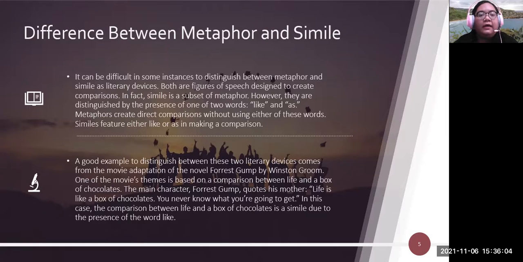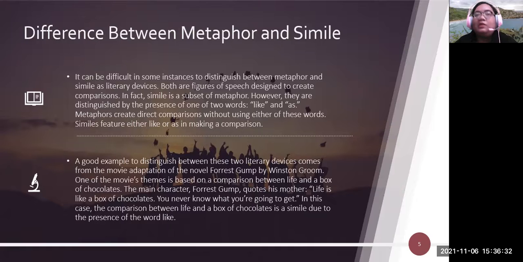A good example, to distinguish between the two, we can take from the movie adaptation of the novel Forrest Gump by Winston Groom. One of the movie's themes is based on a comparison between life and a box of chocolates. The main character, Forrest Gump, quotes his mother: life is like a box of chocolates.